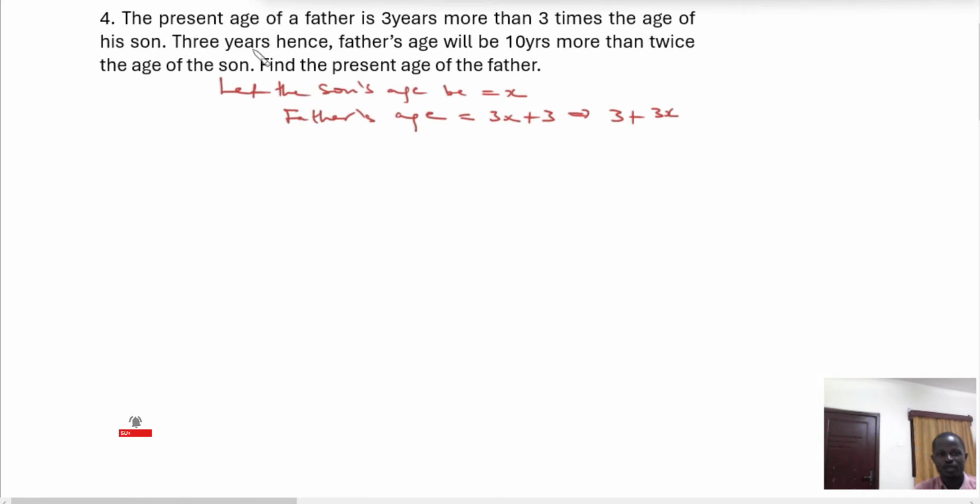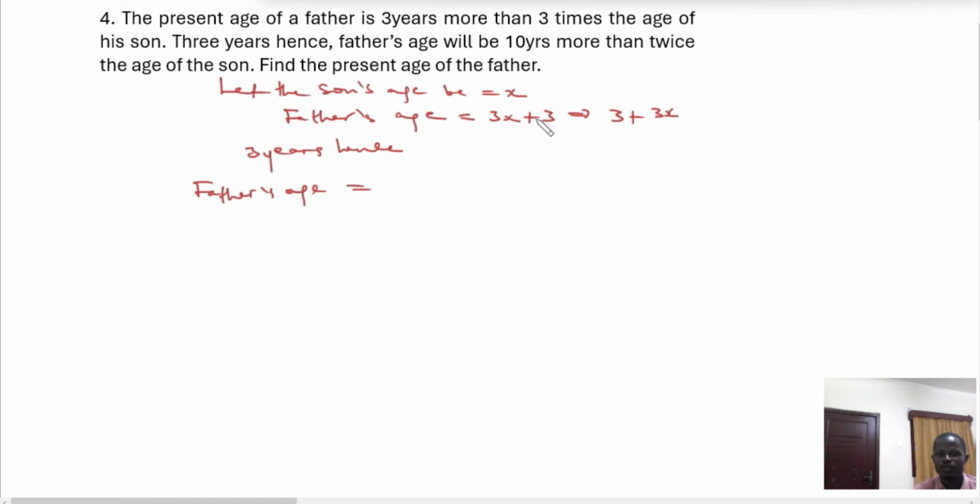So we move on to the second statement. 3 years hence, father's age will be 10 years more than twice the age of the son. Let's try to interpret the second statement. So in 3 years' time, father's age is equal to, now, father's age.